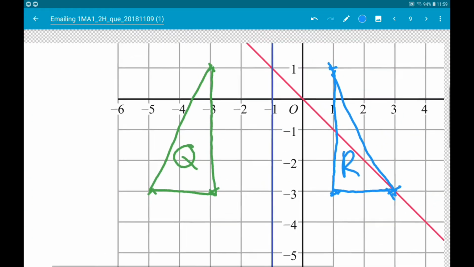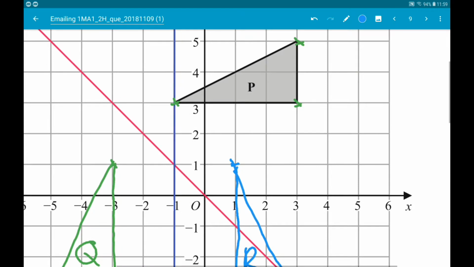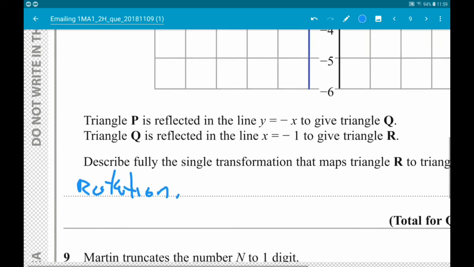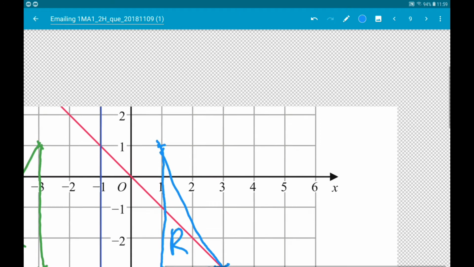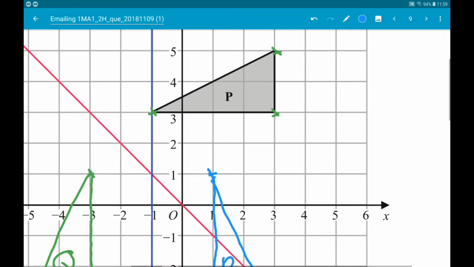We need to know in which direction and by how many degrees. So it's going to be 90 degrees anti-clockwise.